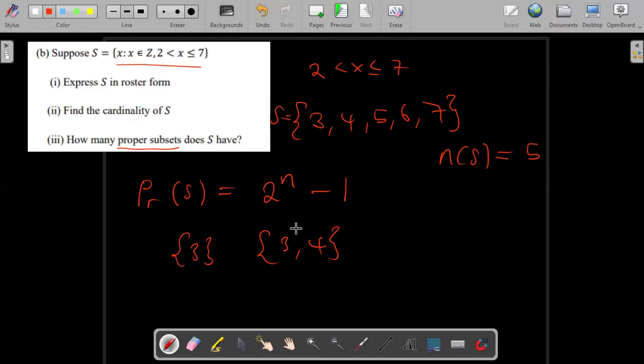So I know that there's going to be only one set that will contain all the elements of the set, and that is the set itself.